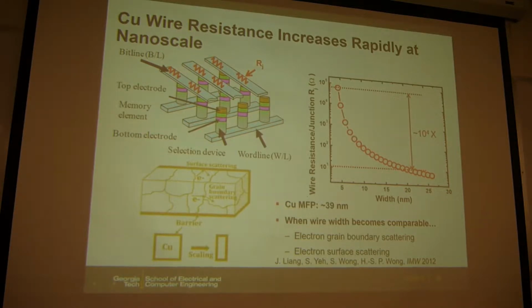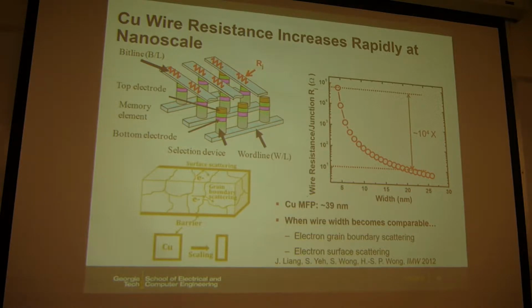If you look at the cross-point array, here we have this 1S1R structure, one selector, one resistor. We have those wires to form the bit lines and word lines. The problem is that the wire will carry some resistance.